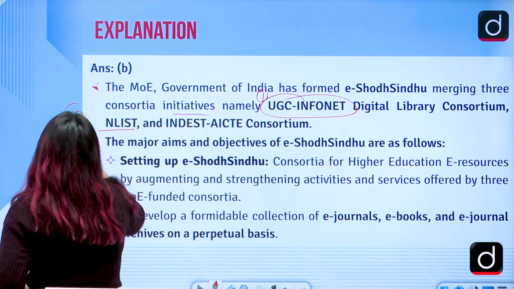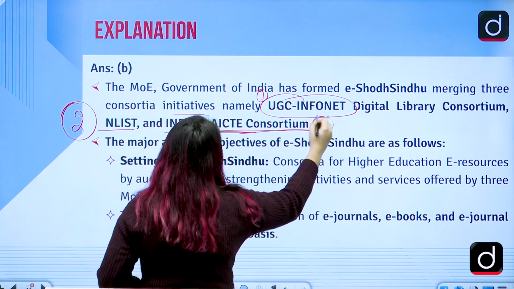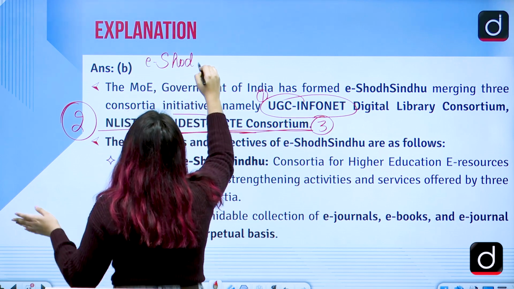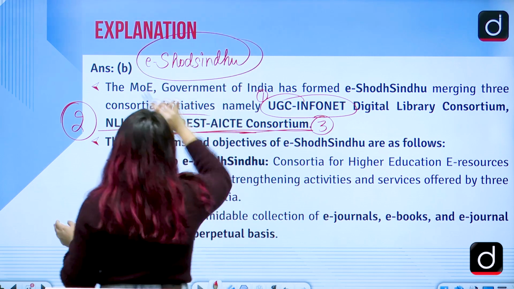NList is number 2. And Indest AICTE Consortium is number 3. So it is an amalgamation of these 3 consortia initiatives.